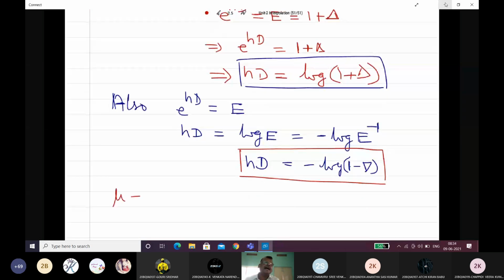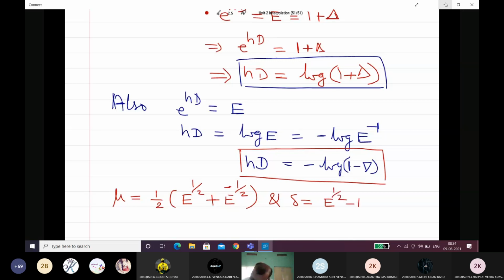That is the average operator, mean operator. 1 by 2 of e power 1 by 2 plus e power minus 1 by 2. And delta is the central difference operator. What is the central difference operator? Delta is equal to e power 1 by 2 minus e power minus 1 by 2.